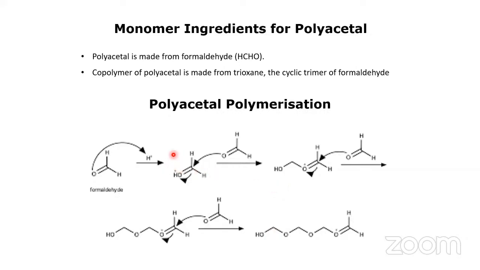So polyacetal is the polymerization of formaldehyde, and it will form a long chain.